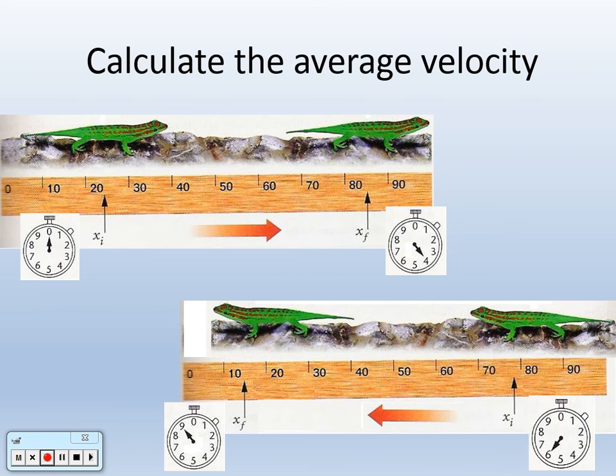So, here's our lizard friend again. We already calculated his displacements. I added a couple of stopwatches on there so we could find out the time. But more importantly, if we were calculating velocities here, what would we see about this velocity on the top versus this velocity on the bottom?